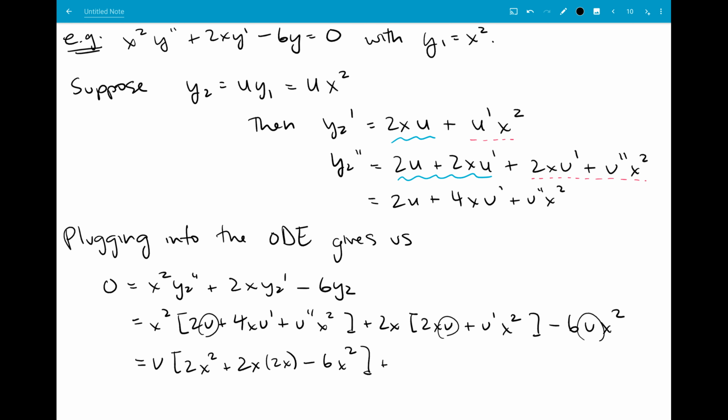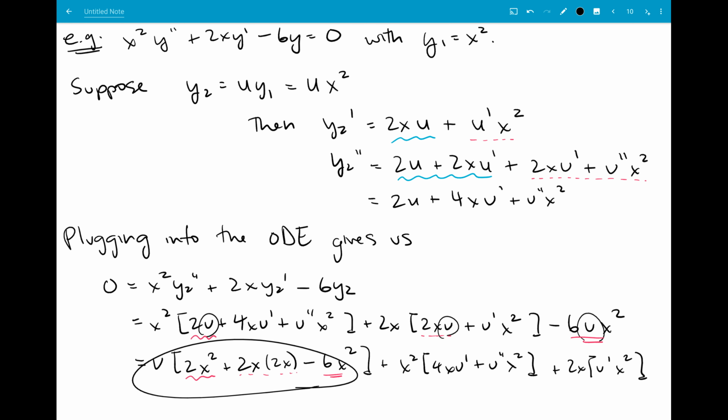So I've got 4x u prime plus u double prime x squared plus 2x times u prime x squared left over. And just to make it really obvious where these terms came from, they're right there, and right there. And then this term right here is going to go to 0.